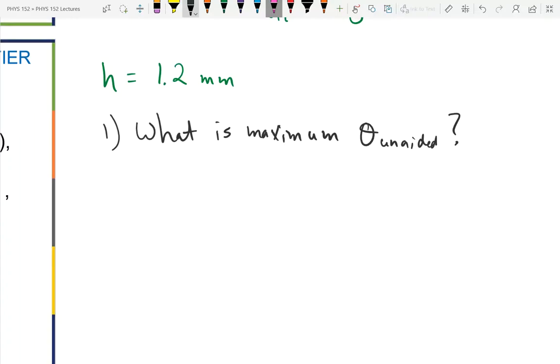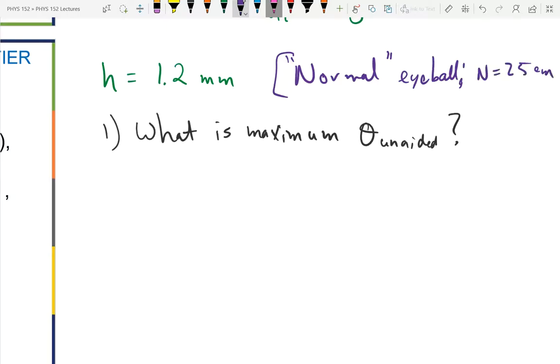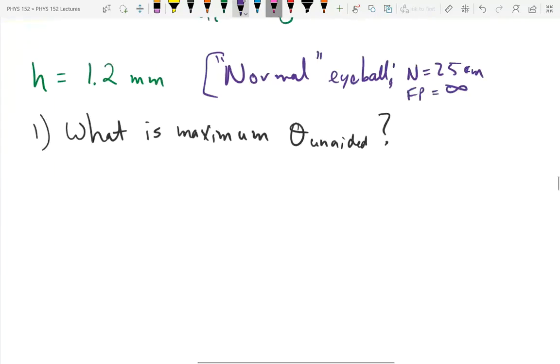So go ahead and calculate that quickly. When you have an answer, raise your hand. Assume you have a normal eyeball, so near point is 25 centimeters and far point is infinity.